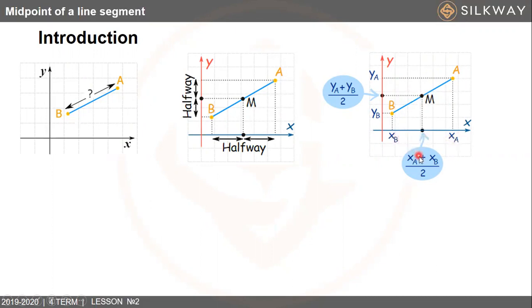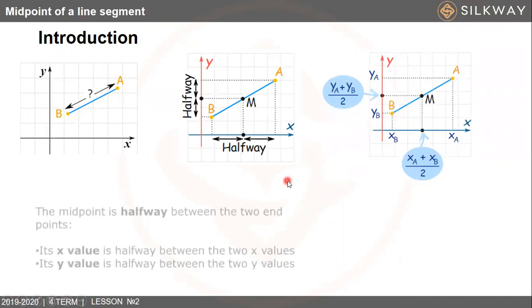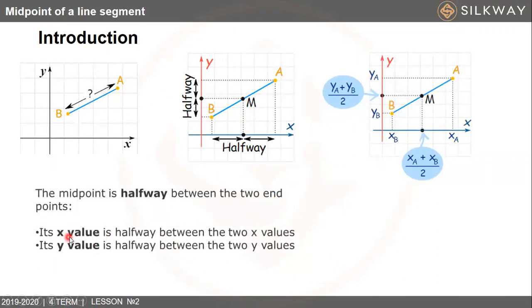XA plus XB divided by 2, YA plus YB divided by 2. This is called the midpoint. The X value is halfway between the two X values, and the Y value is halfway between the two Y values. So the coordinates of point M are XA plus XB divided by 2 and YA plus YB divided by 2.